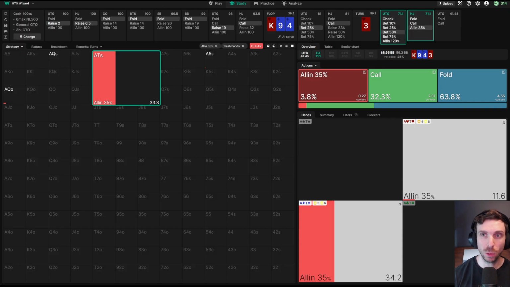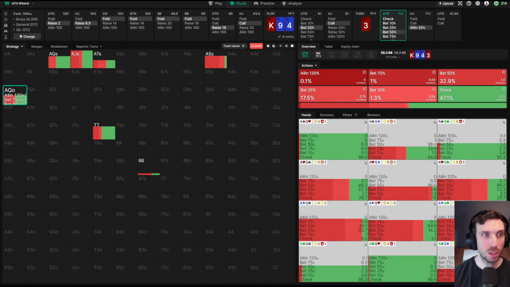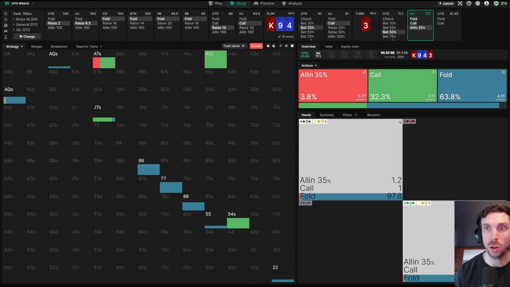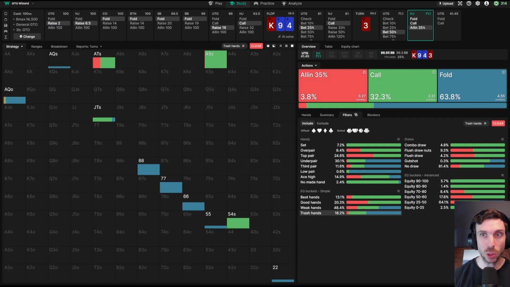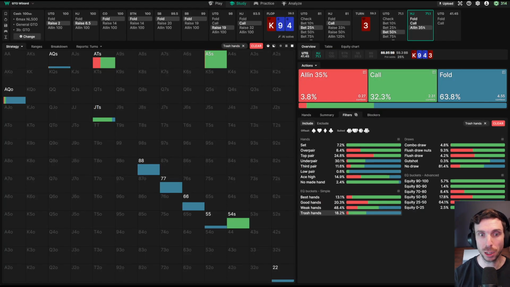If villain was bluffing on the turn here as under the gun, a lot of their bluffs are also going to be ace queen offsuit. So we want something a little weaker than ace queen offsuit that we can jam, that blocks the value, has equity when called and is not dominated. And ace 10 suited is kind of the perfect hand to jam the turn here.